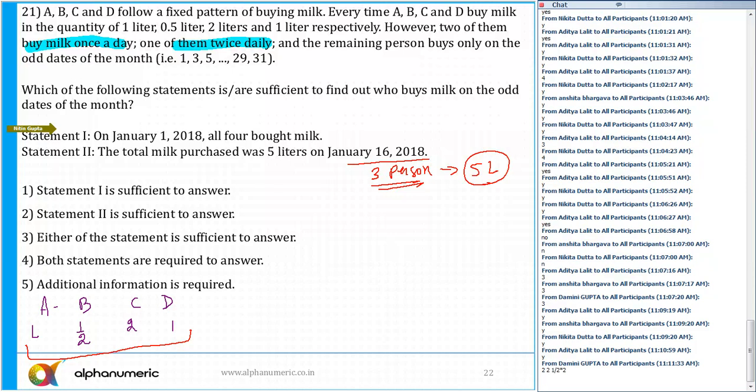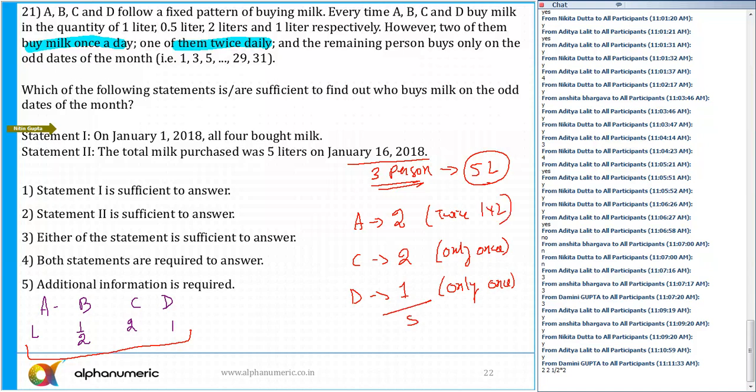So I think the possibility is that A bought twice. Yes or no? C bought only once, and D bought 1 liter only once. And A bought twice, that is 1 liter 2 times.